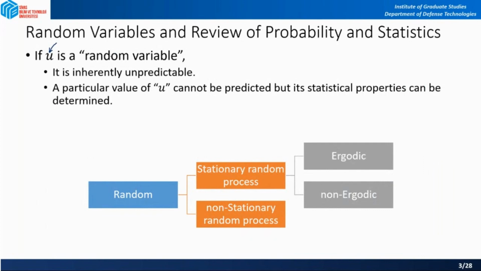So for a random variable in a statistical sense, it is first of all inherently unpredictable, and a particular value of u cannot be predicted, but its statistical properties can be predicted. So it itself is unpredictable, but its statistical properties that we are going to talk about today are predictable.